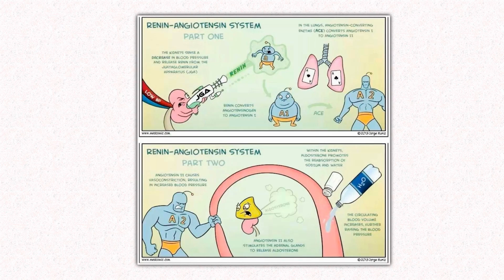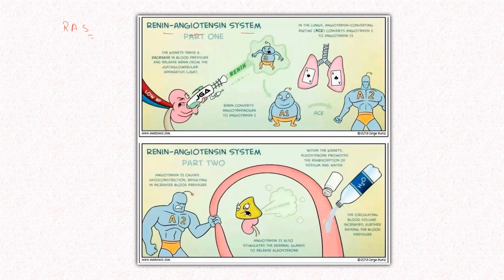Now let's talk about how aldosterone works, by which system. As you can see in the picture, the renin angiotensin system, which is also known as RAS, is the one which regulates aldosterone.